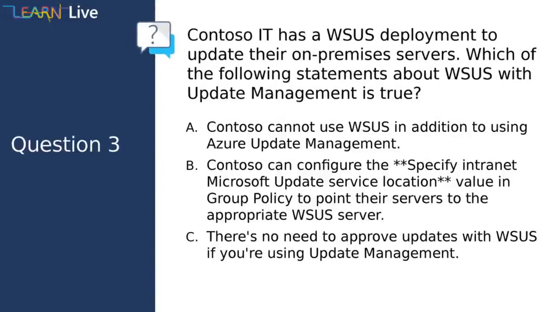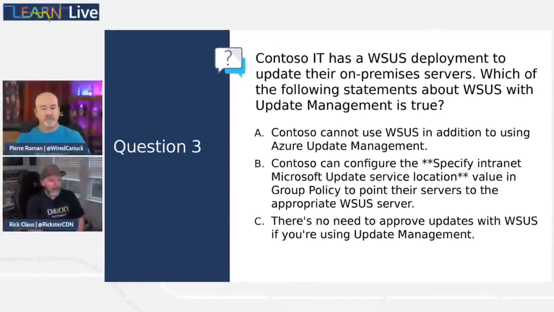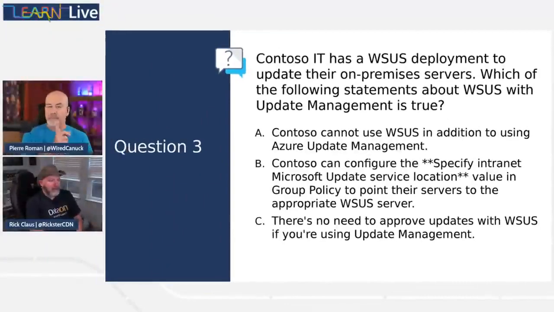B is a possibility. C, there's no need to approve updates with WSUS if using update management. Did we go through and do any kind of update approval on our scheduling at all? We did not, but we alluded to it when we looked at the include or exclude specific updates. So, in a way, we did.